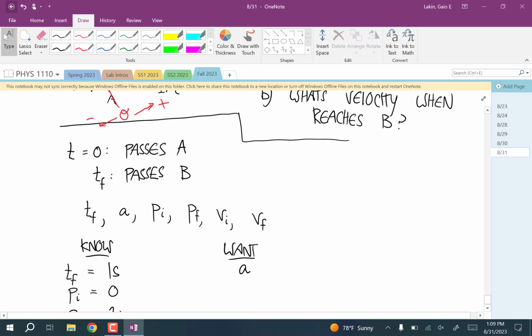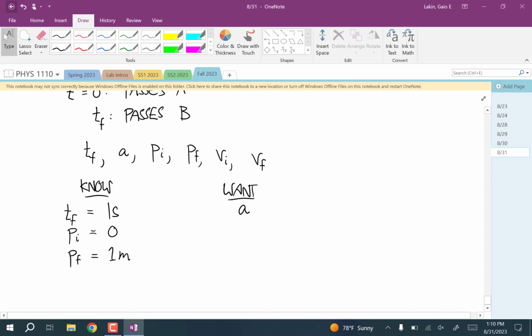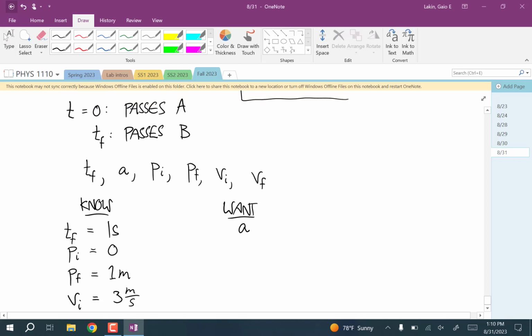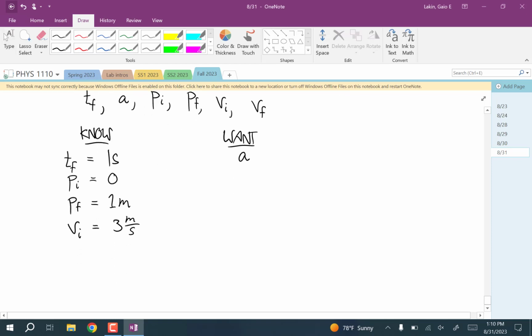Do we know the velocity at time equals 0? 3 meters per second, and it's moving in the positive direction, so it's positive. Do we know the final velocity? We don't. We're trying to calculate that in part B.